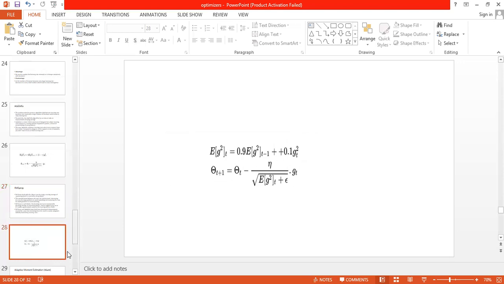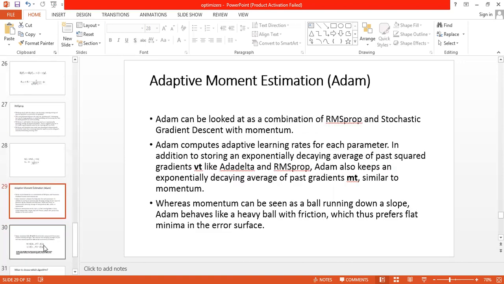You can see the formula. The formulas for Adadelta and RMSprop are nearly equal to each other, but the updating strategy is different for the learning rate. Now next is adaptive moment estimation, that is Adam. Adam is the most popular optimizer which we are using. It is the combination of RMSprop and stochastic gradient descent with momentum. It uses an adaptive learning rate for each parameter and also calculates the exponential decaying average, which we have already seen in Adagrad.